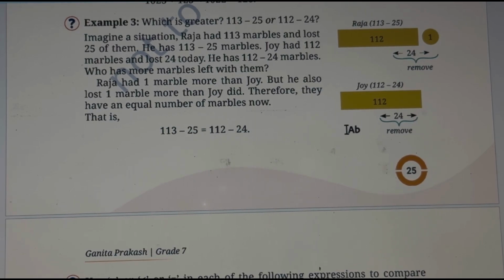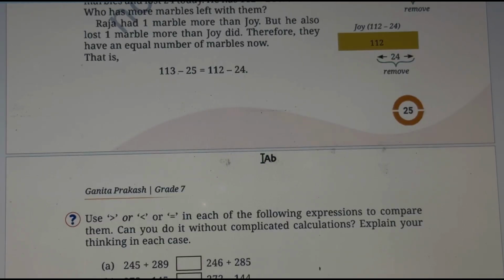So you just understand they are equal because he had 1 more marble, but more than 1 from Joy was removed. From Joy 24 marbles were removed and from Raja 25 marbles. So he had 1 more, but an extra was removed from his set of marbles. That's why it is equal. So we are not actually doing subtraction, we are just comparing like that.